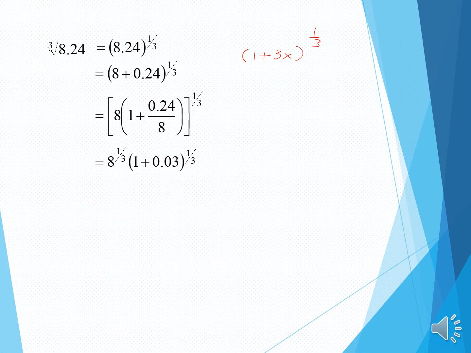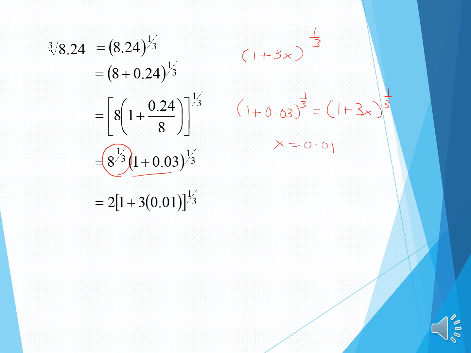So 8^(1/3) is equal to 2, times (1 + 0.03)^(1/3). We compare with (1 + 3x)^(1/3). By comparing, x is equal to 0.01.